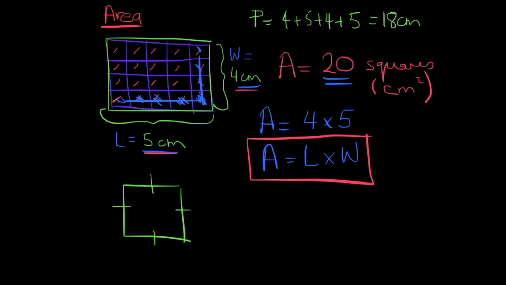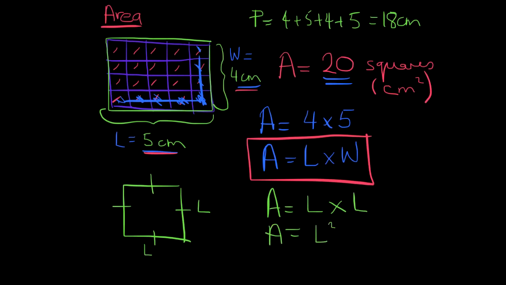In a rectangle the lengths and the widths are usually different, but in a square our lengths and our widths are the same. So instead of saying L and W, we can just say L and L. So now we've got a formula for a square that differs slightly from the formula for a rectangle. Instead of saying L times W, we can say L times L, and L times L gives us L squared.